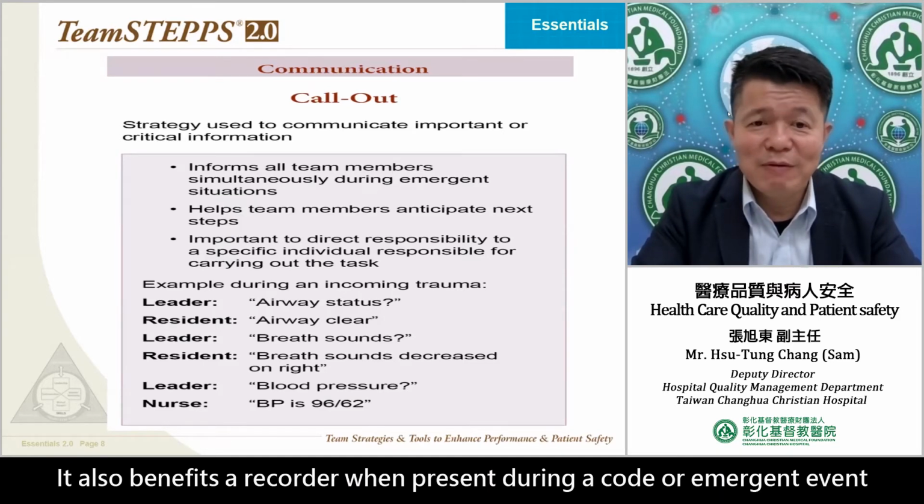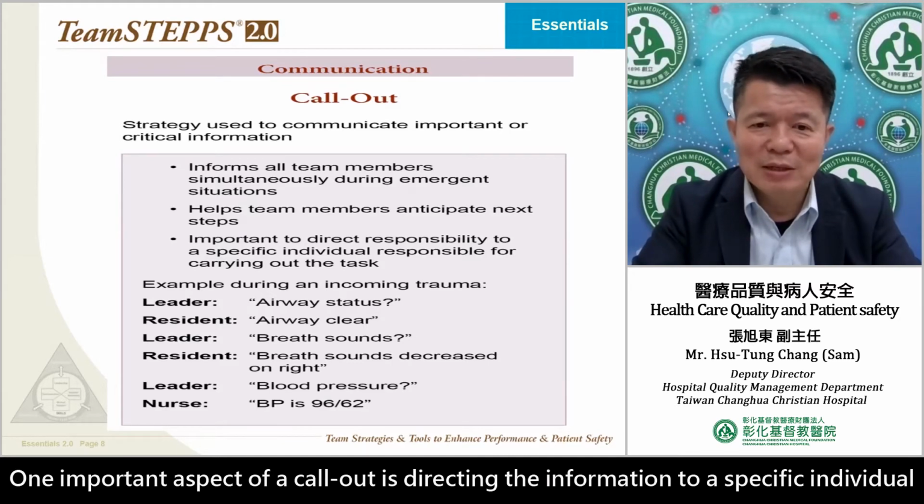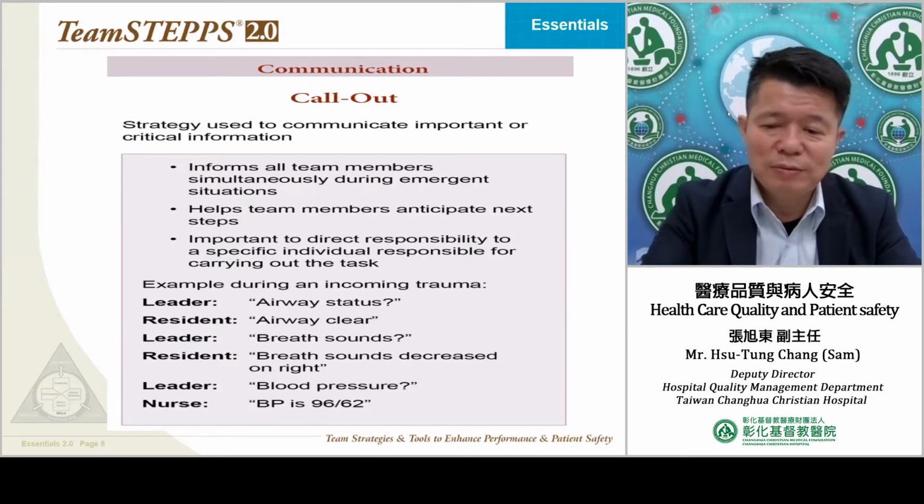It also benefits a recorder when present during a call or emergent event. One important aspect of a call out is directing the information to a specific individual.